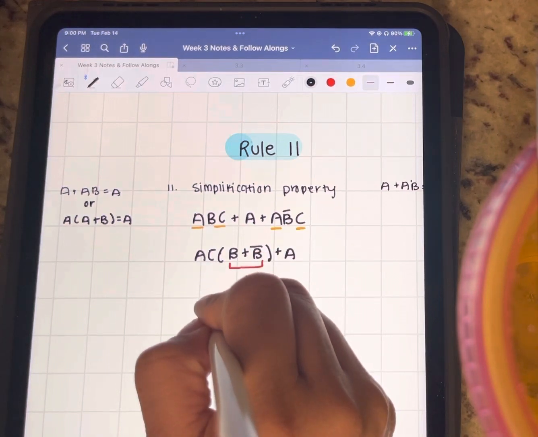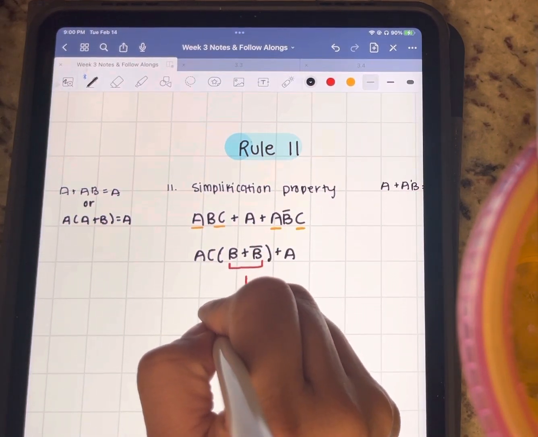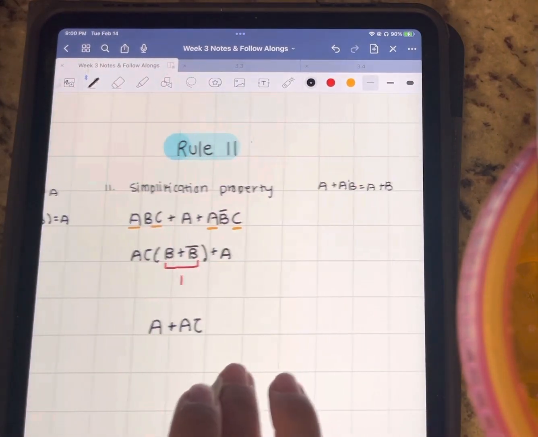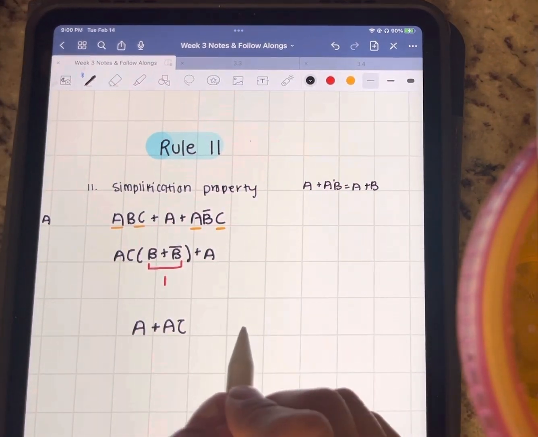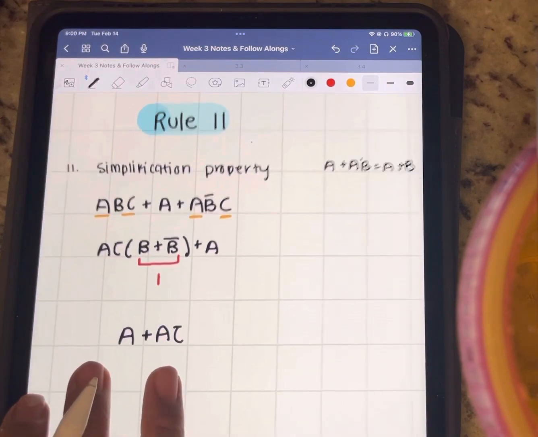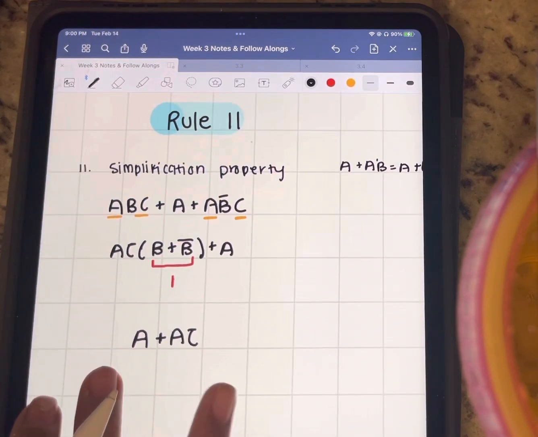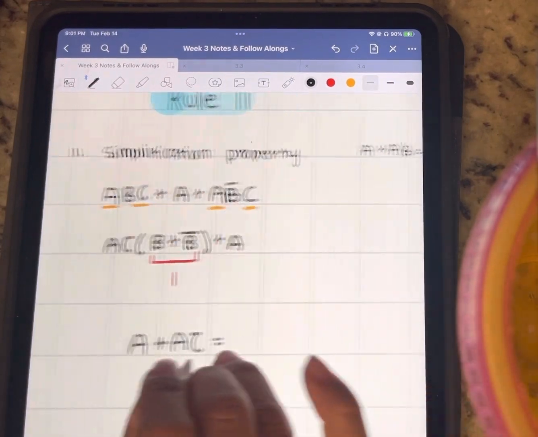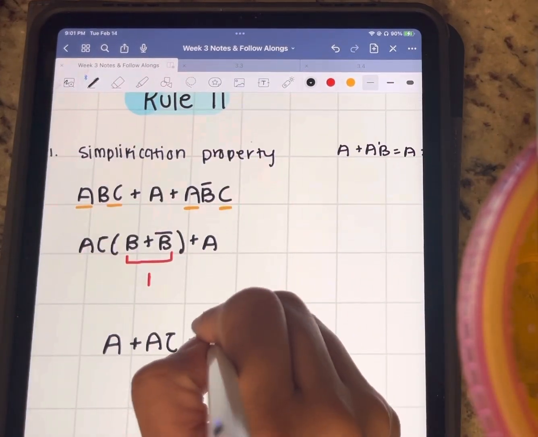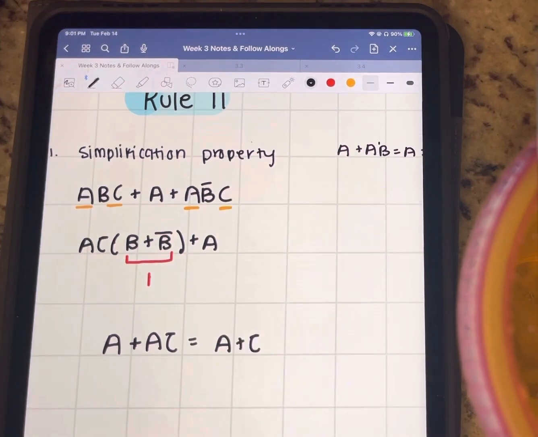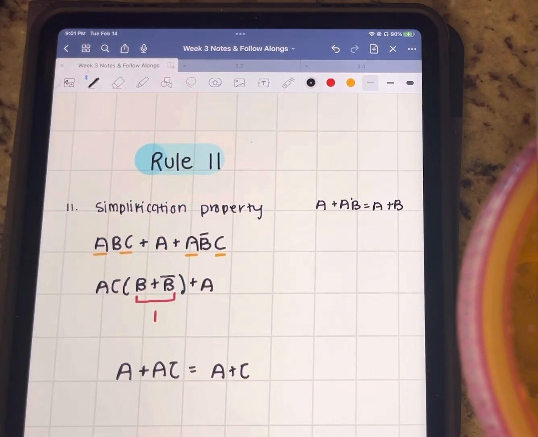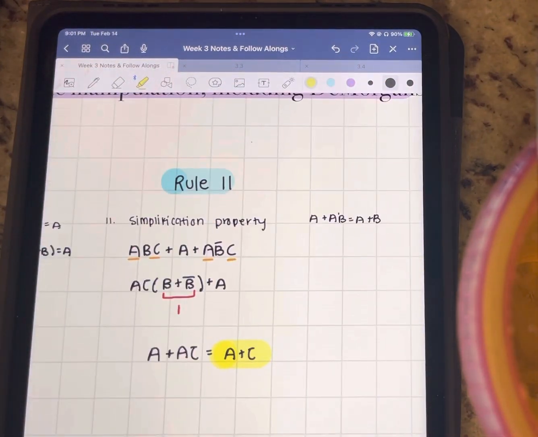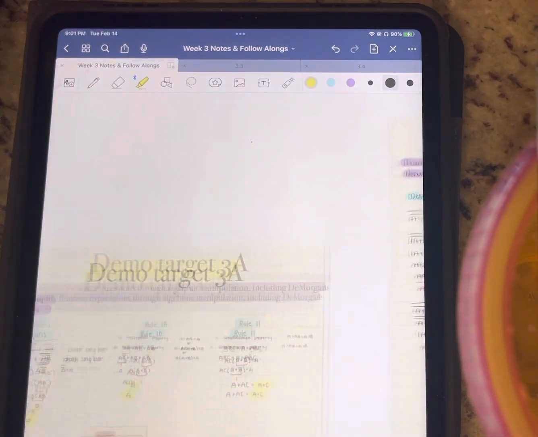So we can just rearrange it to match the property. And here we see that we can just rewrite this as A plus C. And that's going to be our simplified version.